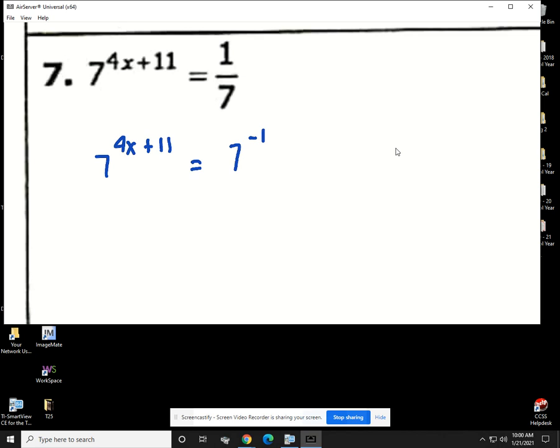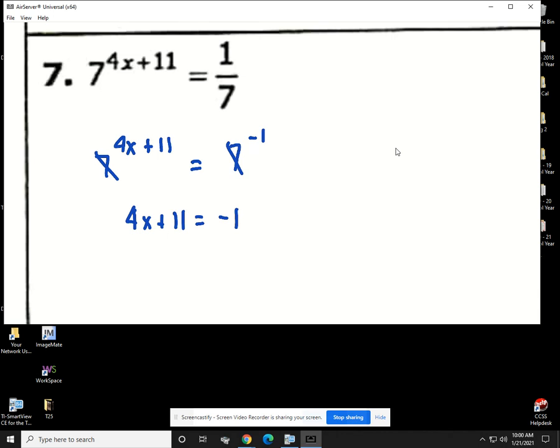So I'm left with 7 to the 4x plus 11 equals 7 to the negative 1. Why do we do this? Because now my bases are the same. So we can drop those bases off, and we can take those remainders, 4x plus 11 equals negative 1, and we can solve it.